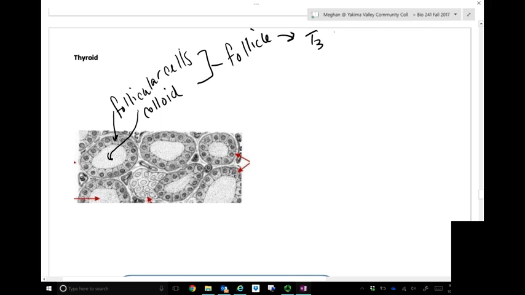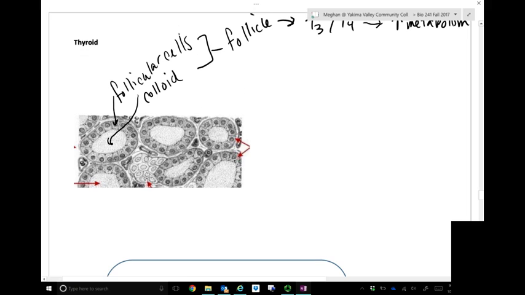And that follicle is responsible for making T3, T4, which is the hormone responsible for increasing and regulating metabolism. So it's going to start up some of those metabolic processes. Right here we have parafollicular cells, as in cells that are parallel to the follicle.